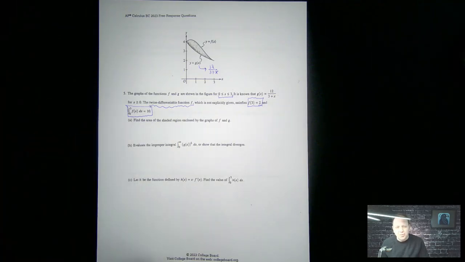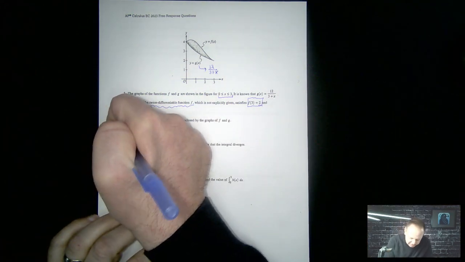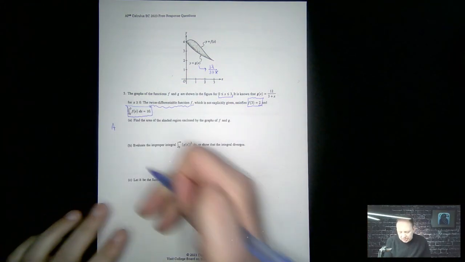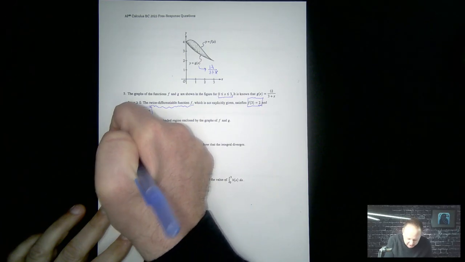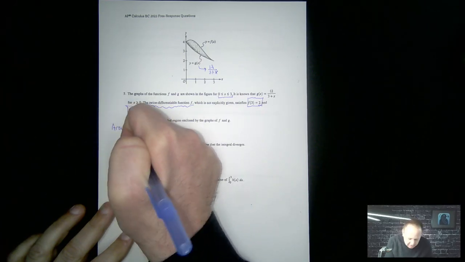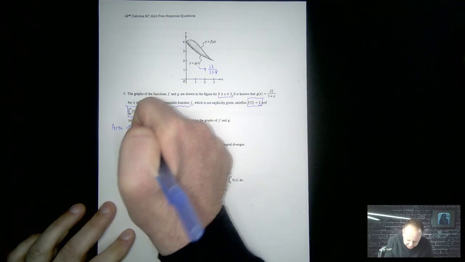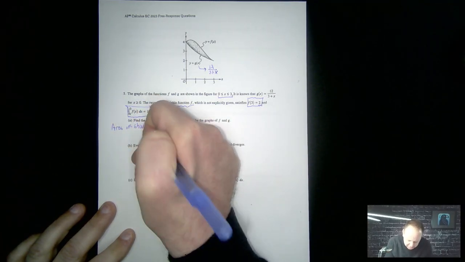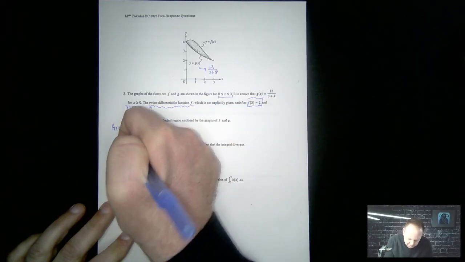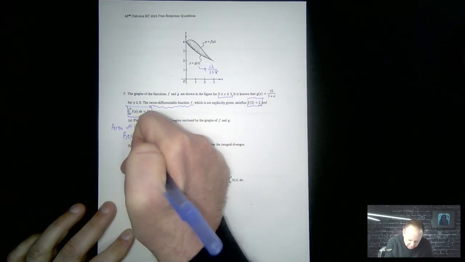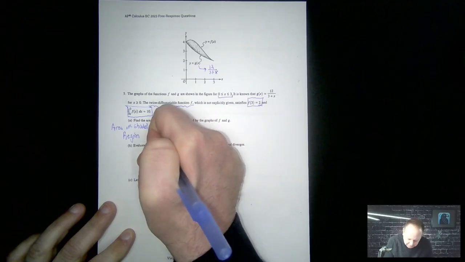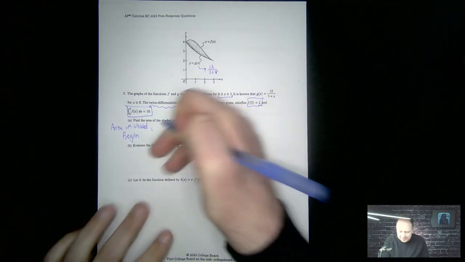All right, so part A. Find the area of the shaded region enclosed by f and g. Again, I always like to use their words. So I'm going to start over here, and I'm going to write area of shaded region equals.